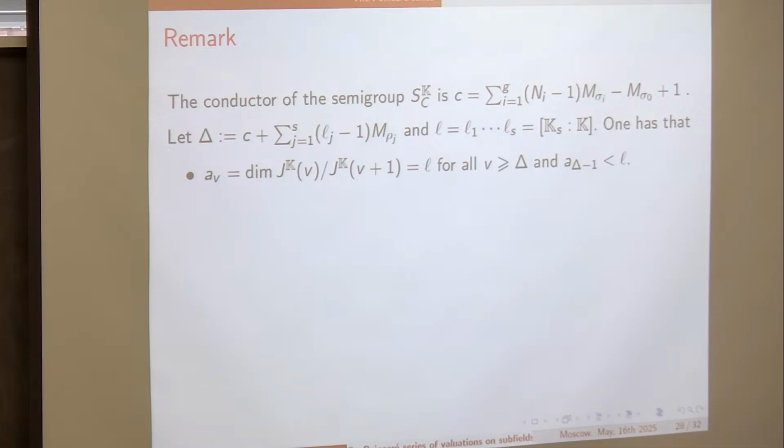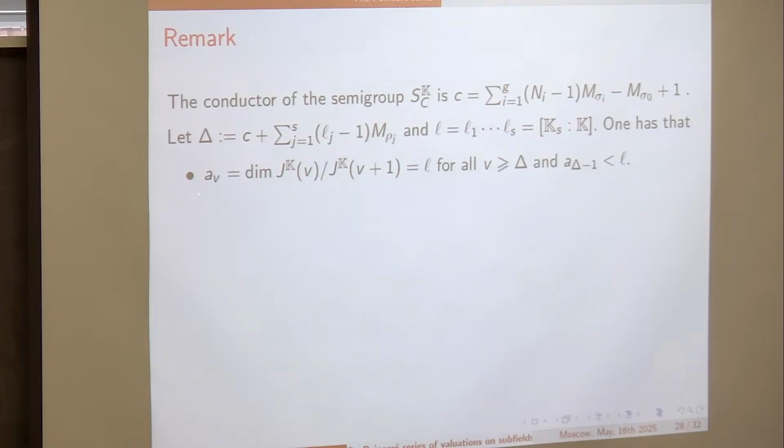So in this case, we can take this number, which is the conductor, plus this sum added.